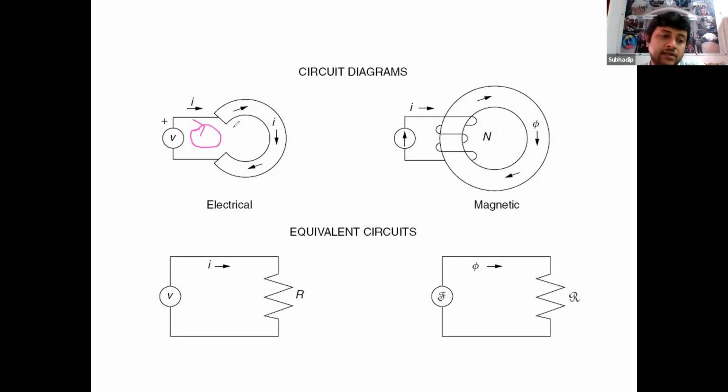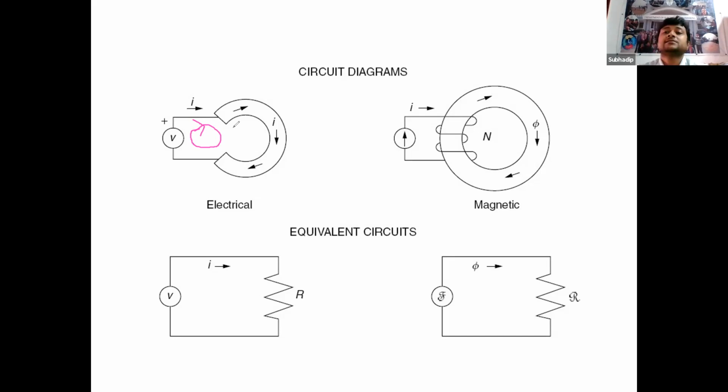Now you see one thing, whenever there is an open circuit, no current will flow, but a potential difference will be there. If you put a multimeter and check the voltage, you will get some polarity, some voltage, but if the circuit is not closed, the current will not flow.